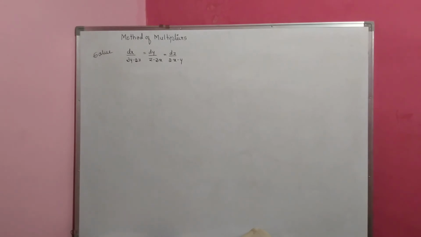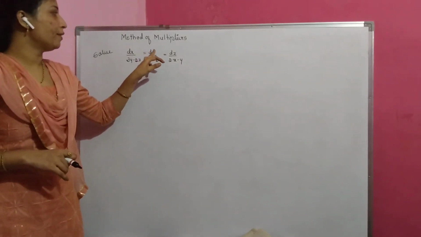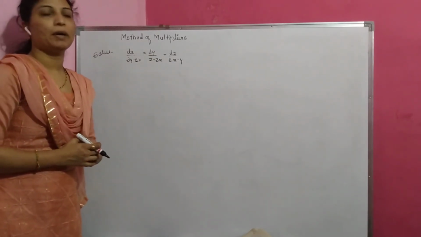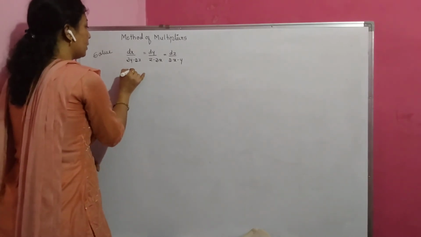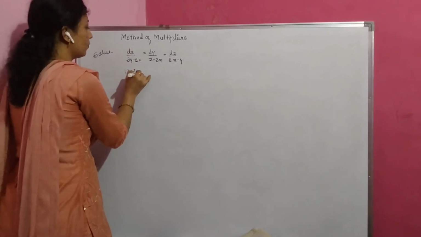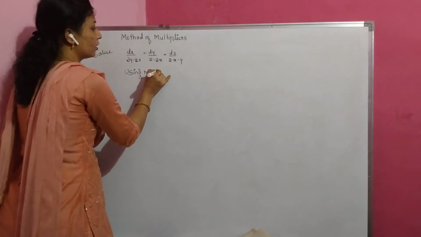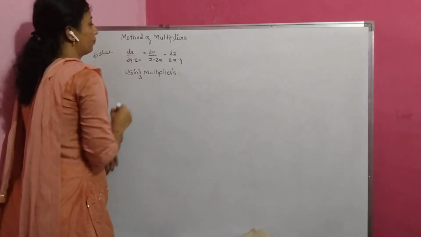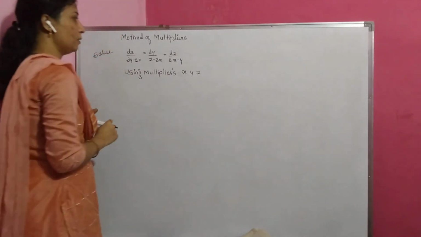Next example is dx divided by 3y minus 2z, dy divided by z minus 3x, and dz divided by 2x minus y. Here we have to consider again the method of multipliers. We have to solve this equation using multipliers x, y and z.